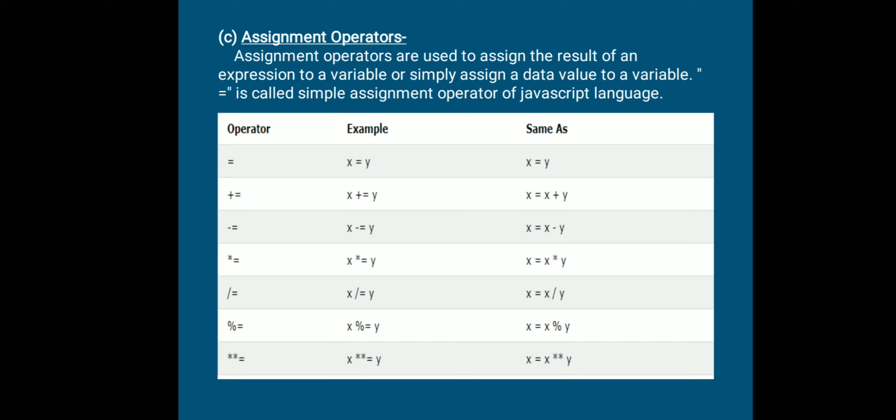Like x equal to x minus y can be written as x minus equal to y, x equal to x into y can be written as x into equal to y, like that. So this is shorthand assignment operator, and shorthand assignment operators can be applied only for arithmetic operators.